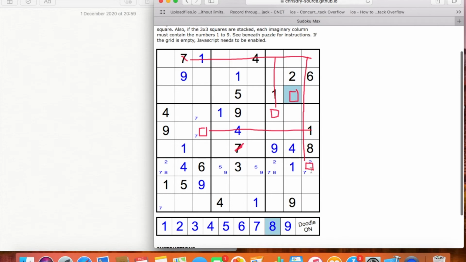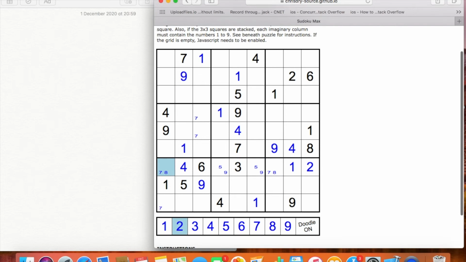Therefore, 7 cannot go in this square. And this square, therefore, must be a 2. So I'll make it a 2. There. And I can remove the 2s from these squares.